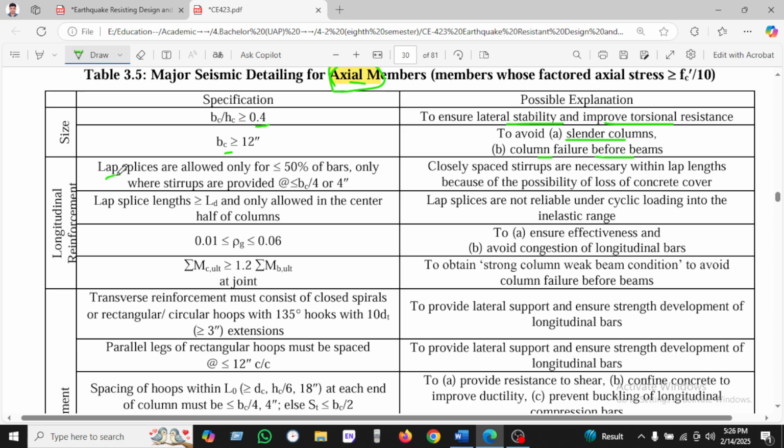So we've been seeing the lap splices are allowed where only 50% of bar is spliced and stirrup is provided at the rate of B divided by 4 or 4 inches. The explanation is closely spaced stirrup is necessary within the lap length because of the possible loss of concrete cover. So lap splice length greater than development length is only allowed in the center half of the column, and lap splices are not reliable under cyclic load in the inelastic range.